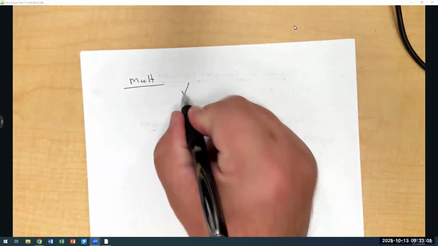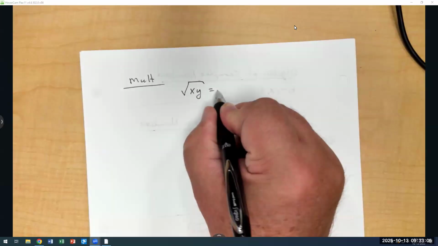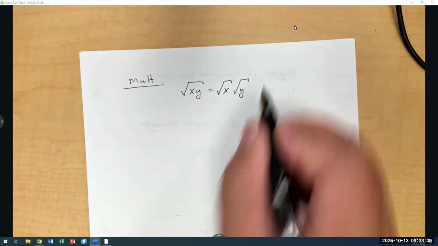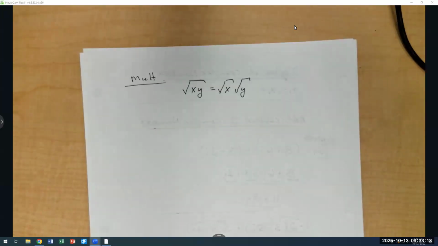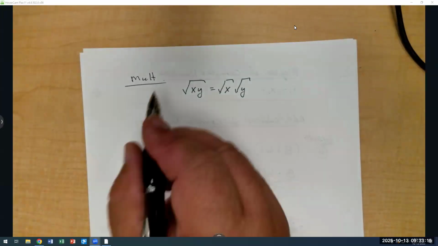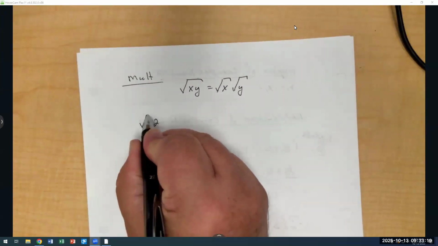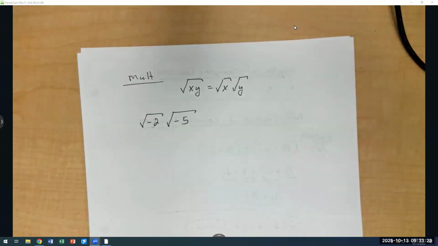Remember, x times y is the same thing as square root of x times square root of y. But you have to be careful when it comes to imaginary numbers.